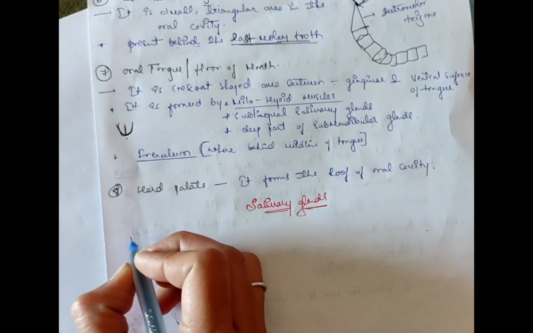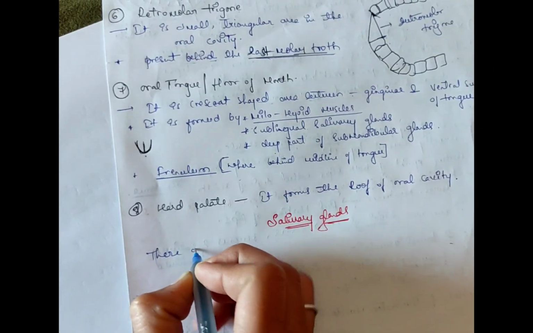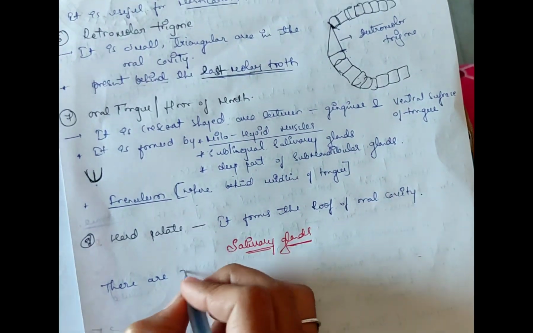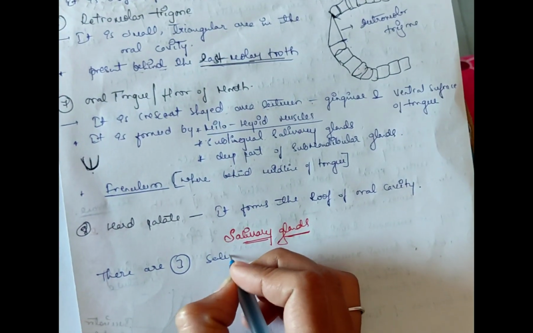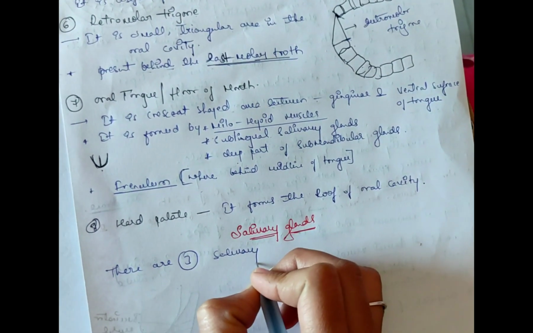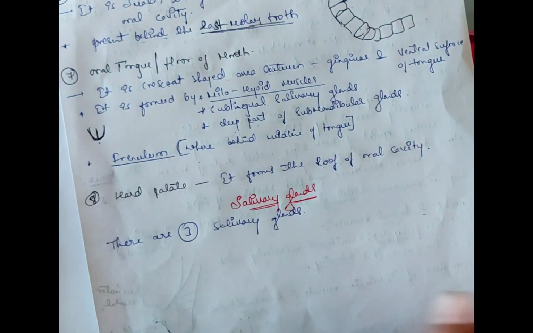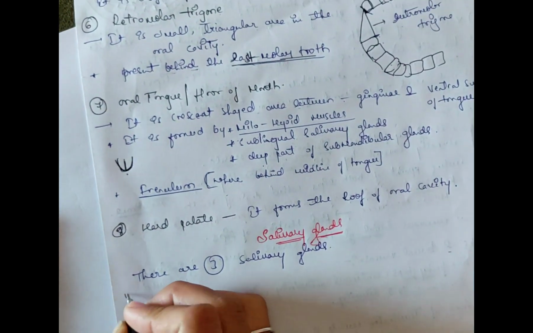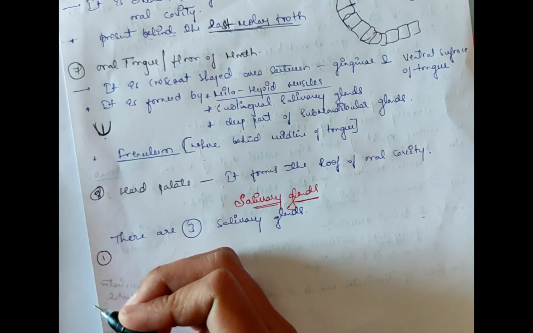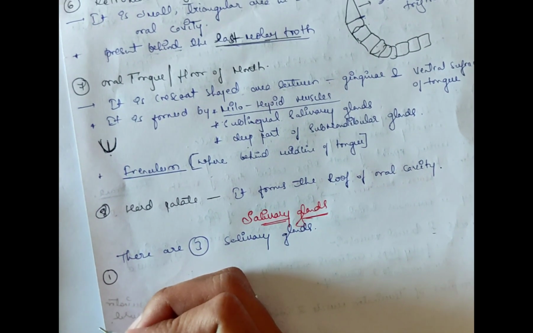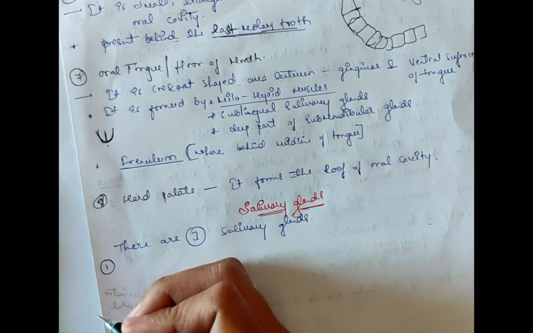Salivary glands. There are three salivary glands. The first one is the parotid gland, which is the largest salivary gland, situated in the retromandibular fossa.